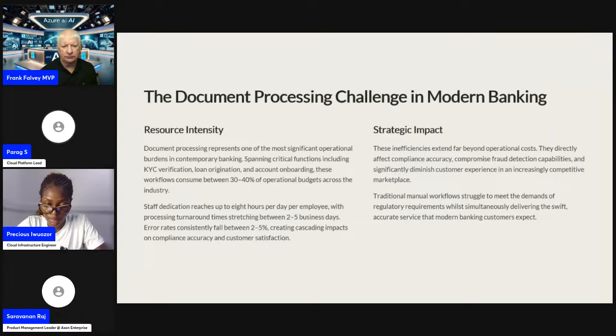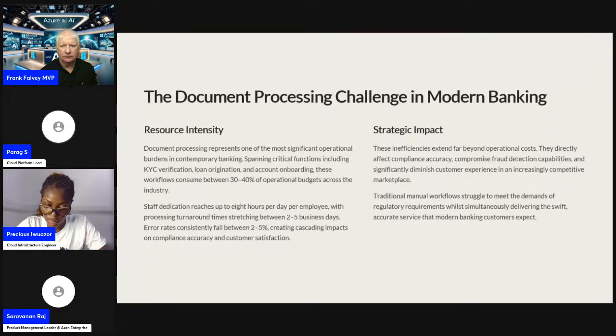Today, they have to manually go through those, from KYC verification, loan origination, account onboarding, and make sure they are accurate, not fraudulent, and that all the required documents are present before they can process that request ahead.